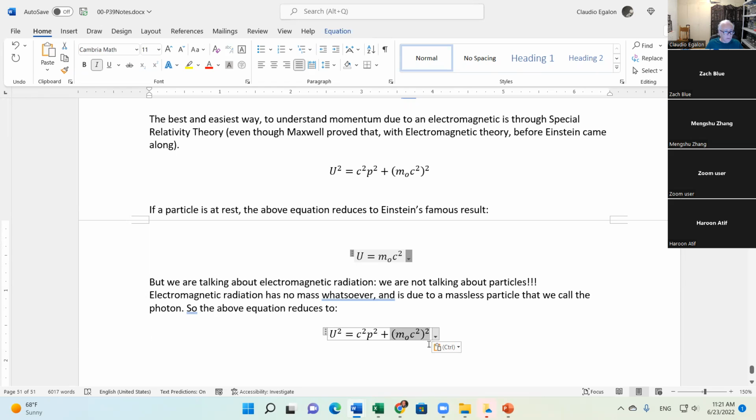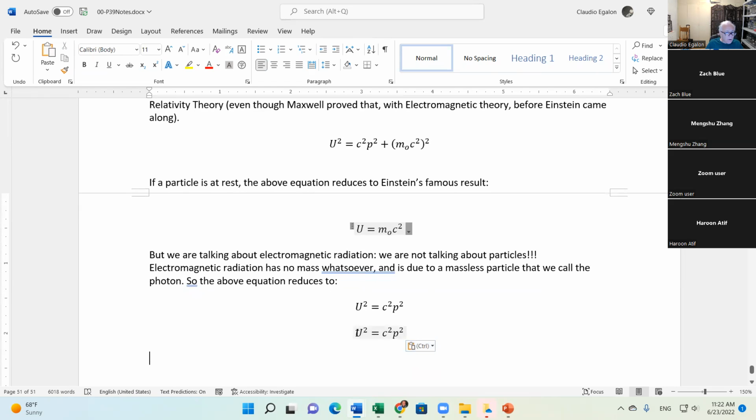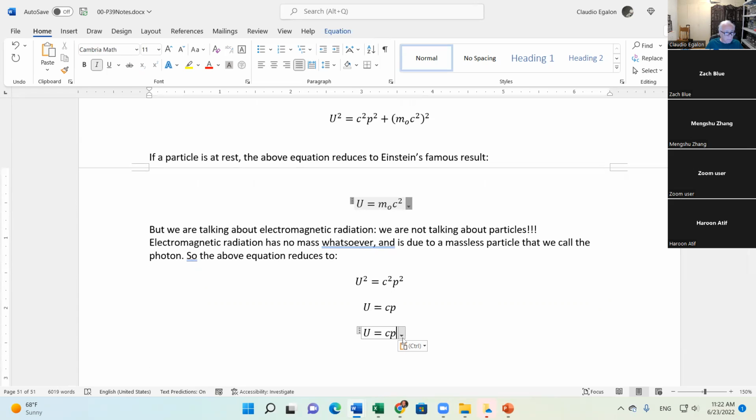This term is zero because electromagnetic radiation has no mass whatsoever, and the energy of a given photon can be written as cp, where p is the momentum of the photon, equal to the energy divided by the speed of light.